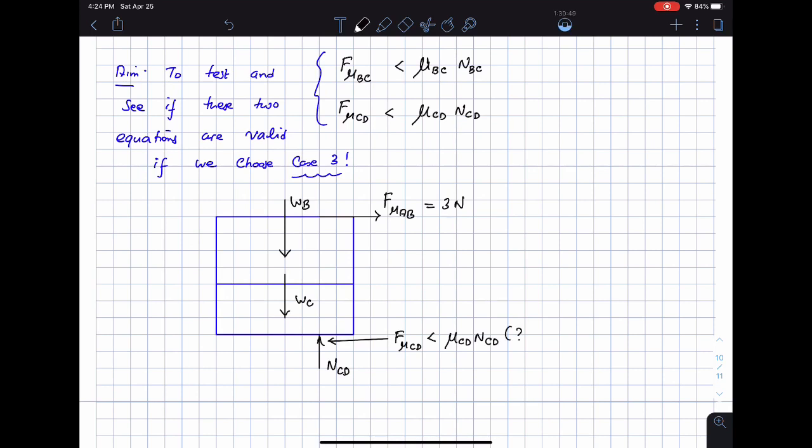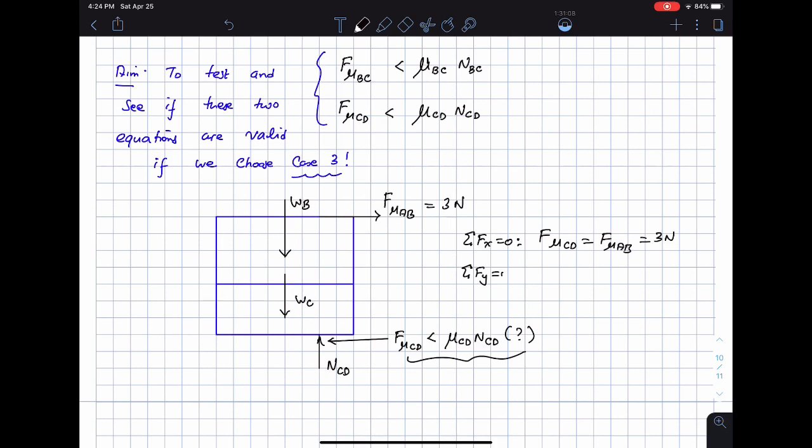We need to check and see. Okay, and from here I can say that the sum of forces in the x direction gives me F mu CD is equal to F mu AB is equal to 3 newtons.